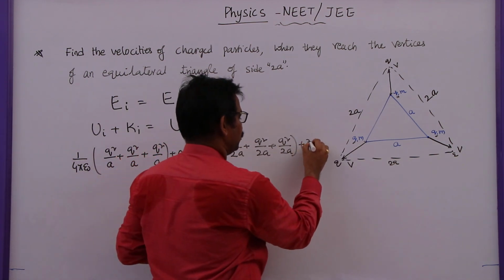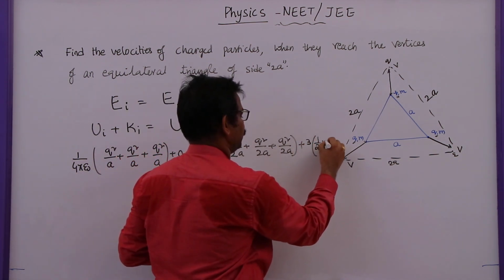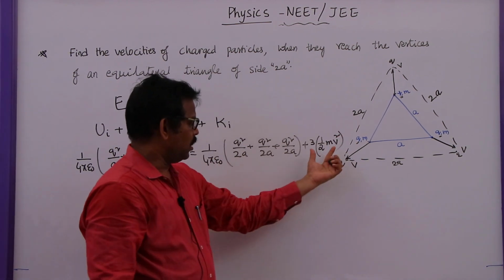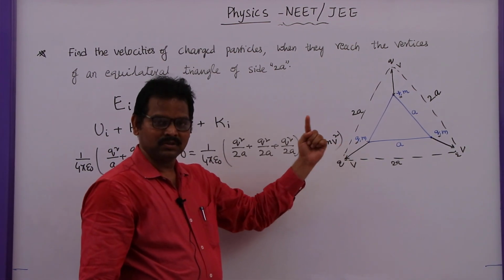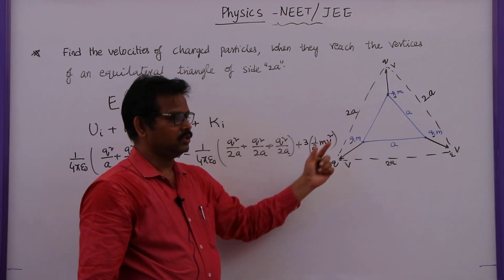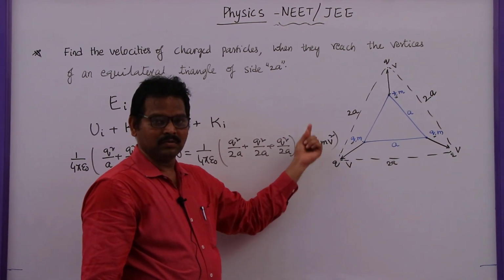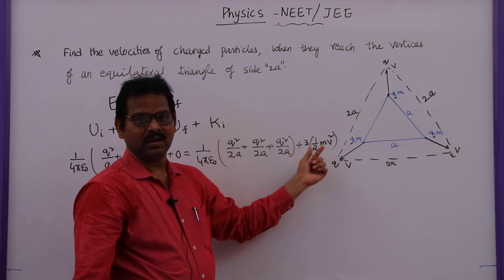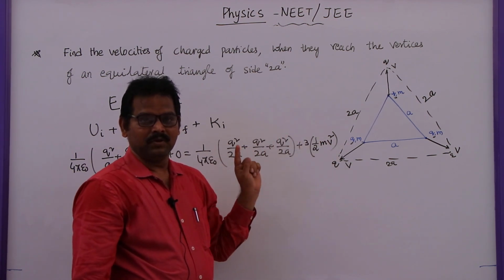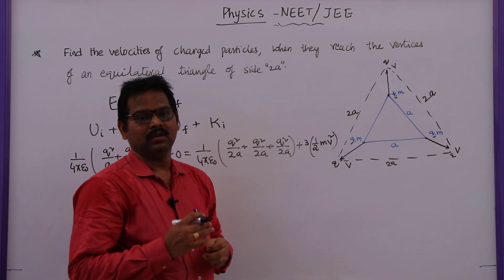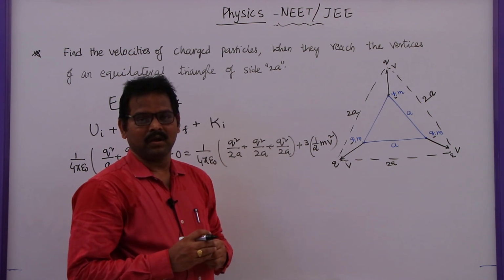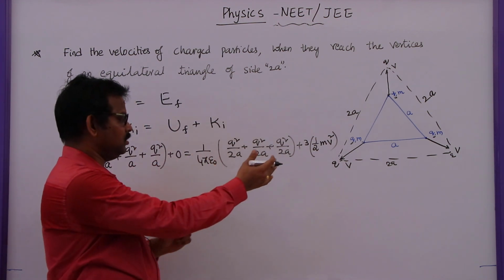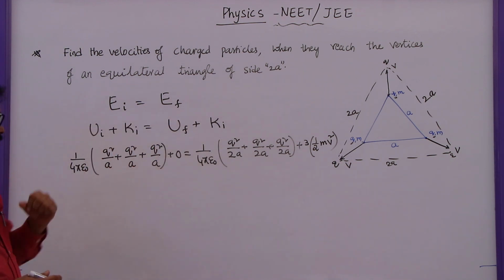As we have 3 charged particles, the total kinetic energy of the system is 3 into half m v square. As it is a scalar, we can add directly. If it were a vector, we would need to consider the parallelogram of vector addition. But here, as these energies are scalars, we can add them directly.